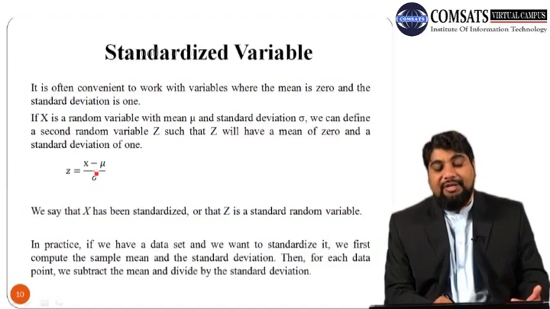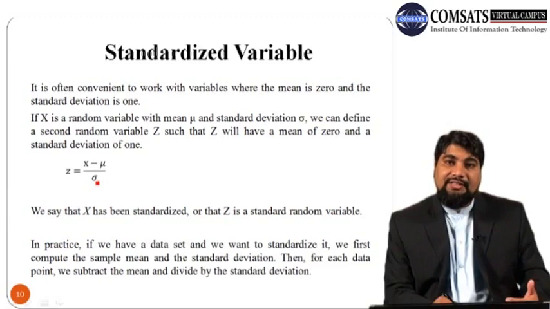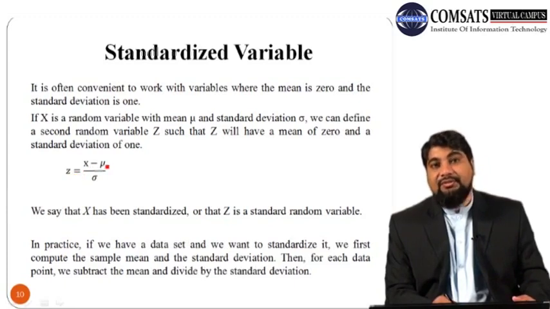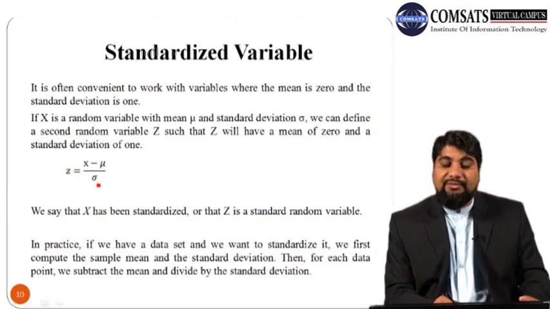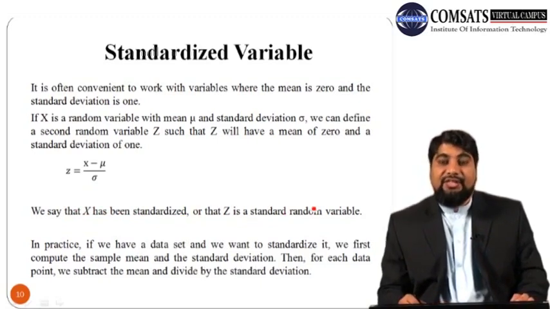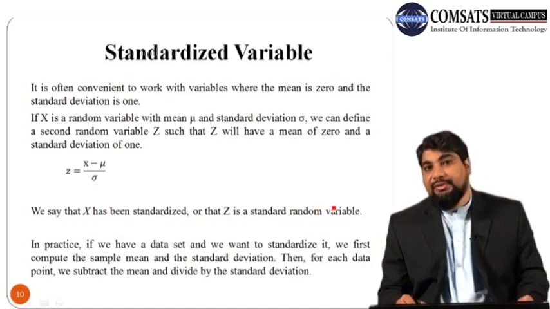If we divide the variable by sigma, we are changing the standard deviation to 1. So this z, it is x minus mu over sigma, means now the mean of this random variable z will be 0, and its standard deviation will be 1. So we can say that x has been standardized, or that z is a standard random variable.